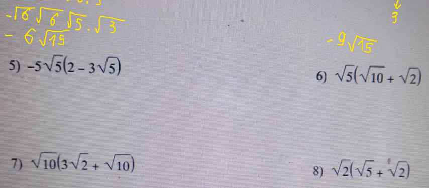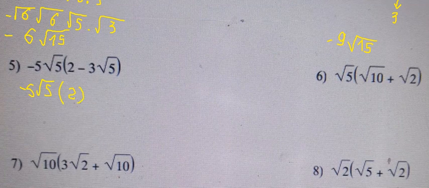Now let's go to number 5. This one, we apply, we just multiply with this one and this one, and now we got negative 5 multiplied with the square root of 2 in here, and we have negative 5 square root of 5 multiplied with negative 3 with the square root of 5.